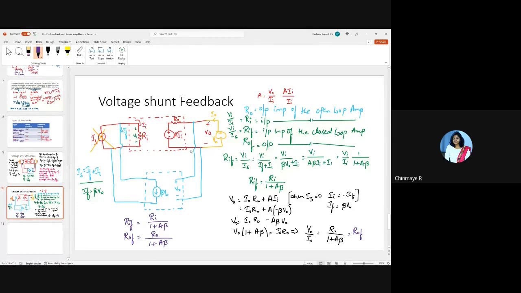So whenever you have a shunt, intuitively you can say that the impedance at that point reduces by a factor 1 plus A beta. Here we have also theoretically proved that the input and the output impedances reduce by a factor 1 plus A beta. I hope this is clear, both input as well as the output impedances.